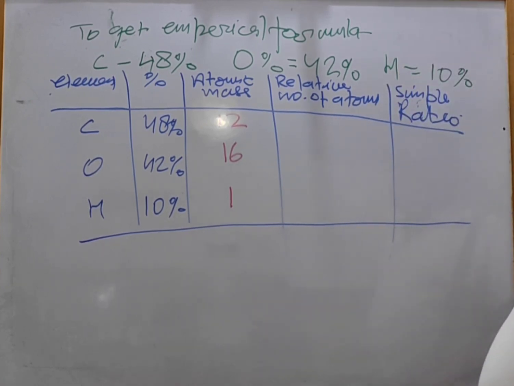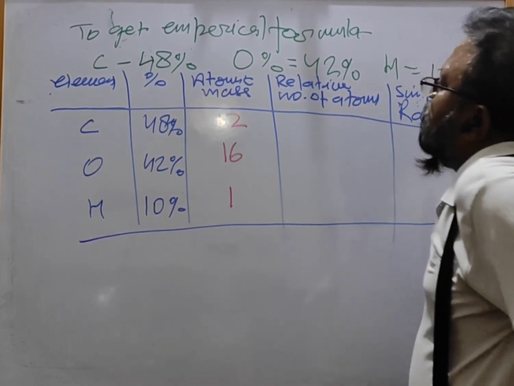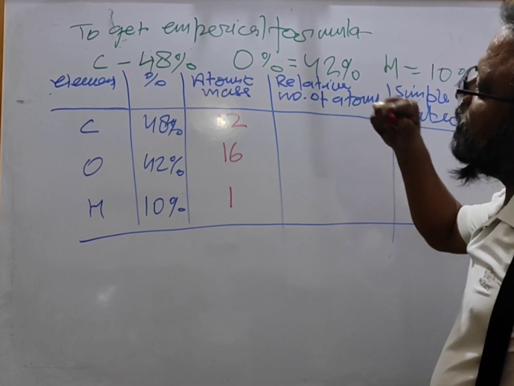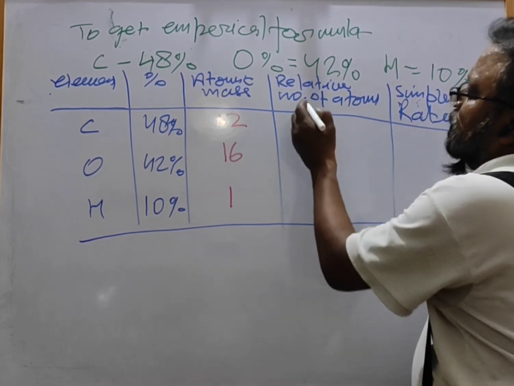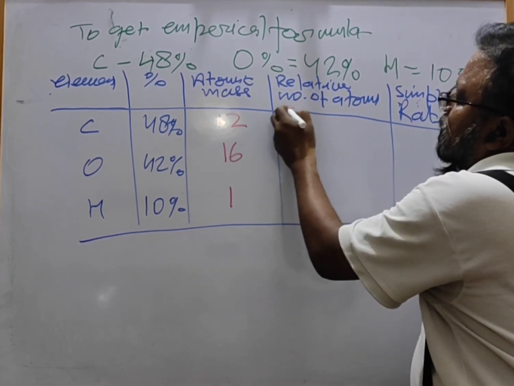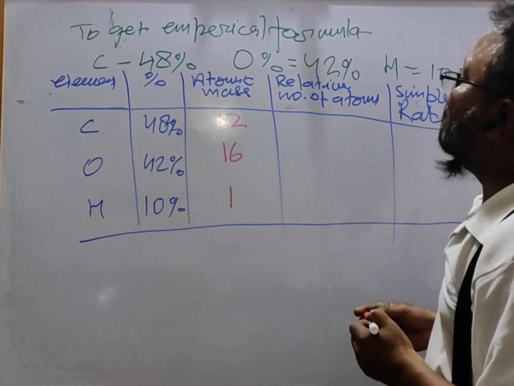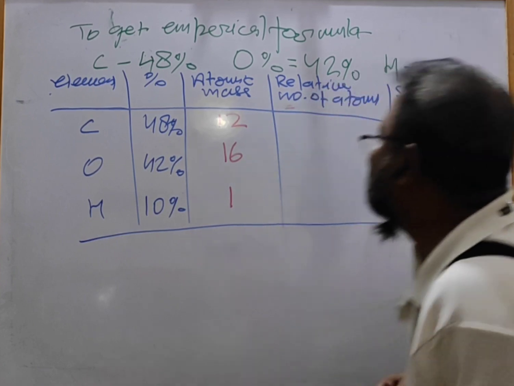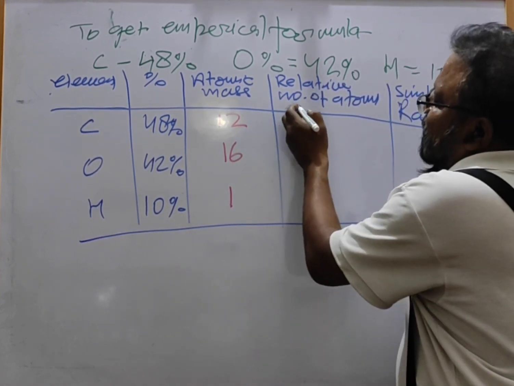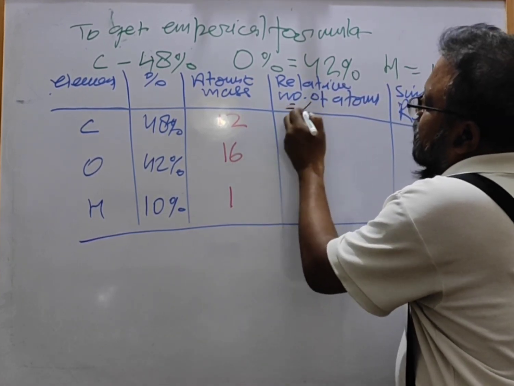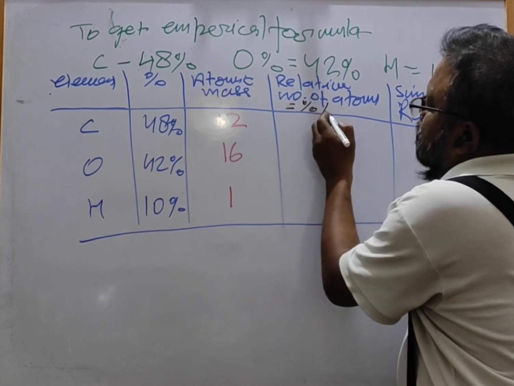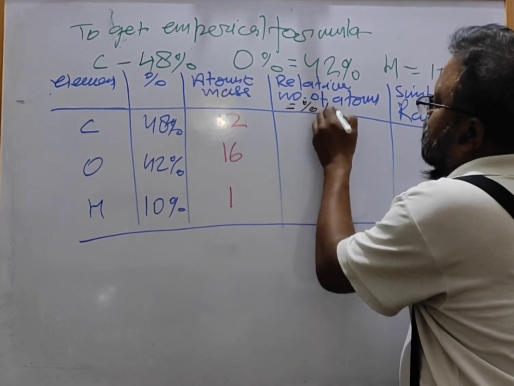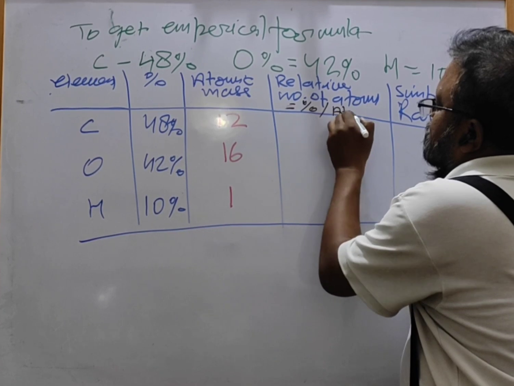So, can you tell me what is the relation? Relative number of atoms is percentage upon atomic mass, right?